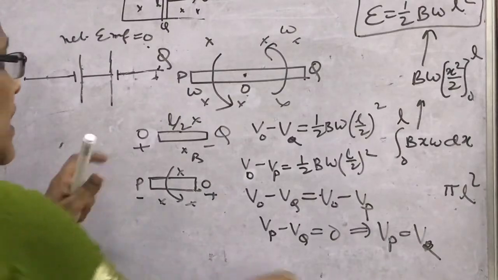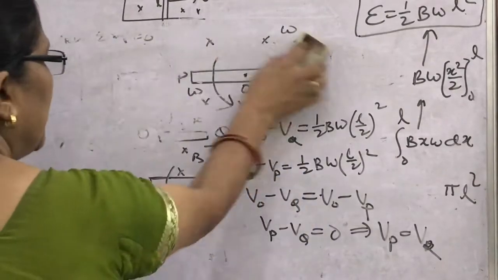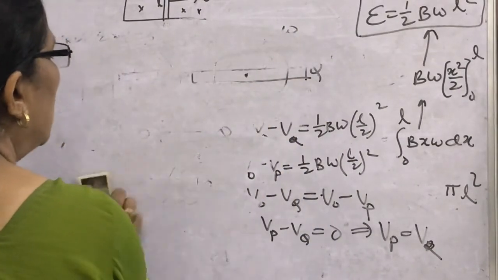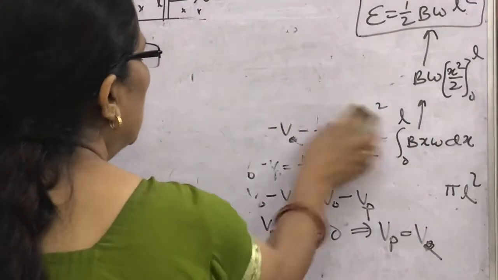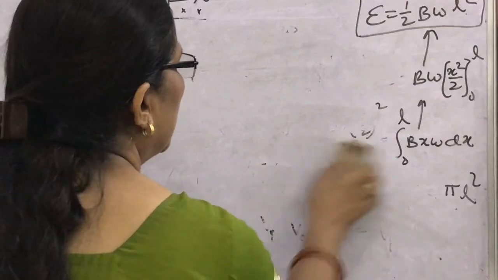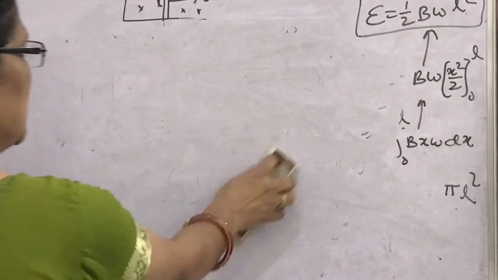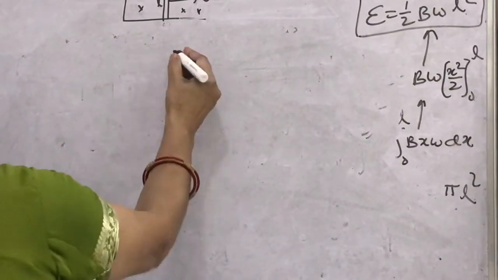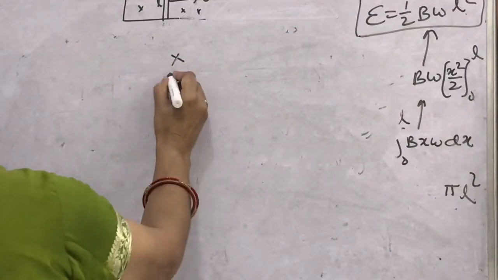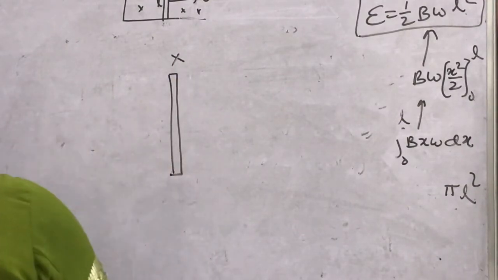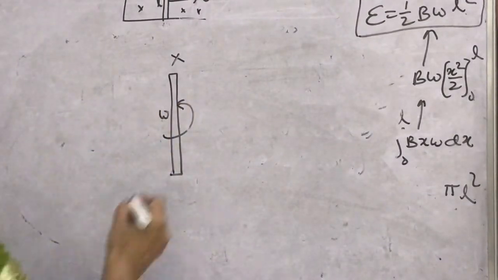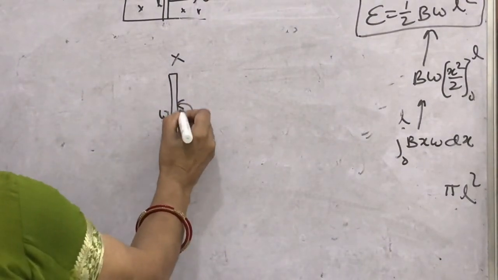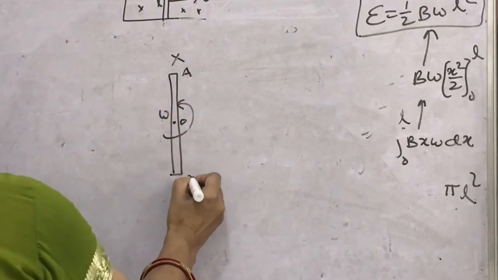And why did I tell you this example? Because it gives you a very important conclusion. What conclusion can you draw from this? Suppose there is a cross magnetic field in which this rod is placed. Now this rod is moving with angular velocity omega about the midpoint O, and let us name its ends AB.